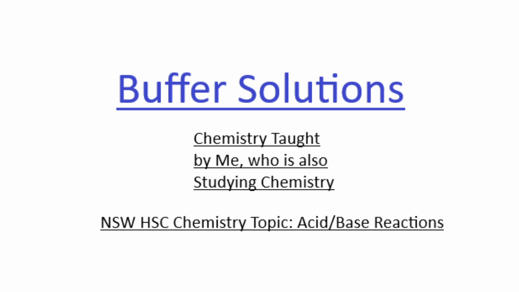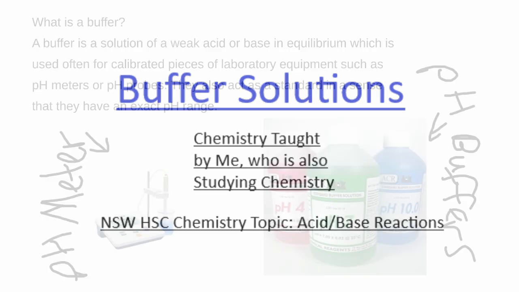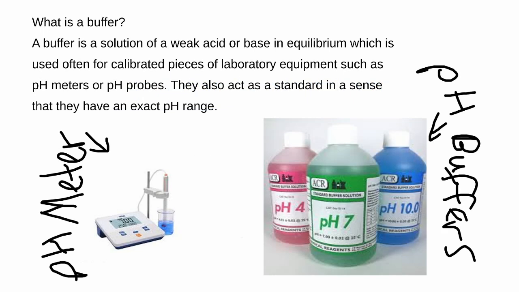Today we're talking about buffer solutions in the HSC chemistry topic of acid-base reactions. So what actually is a buffer? Well, a buffer is a solution of weak acid or base which is occurring in an equilibrium, which is often used to calibrate pieces of laboratory equipment such as pH meters or pH probes.